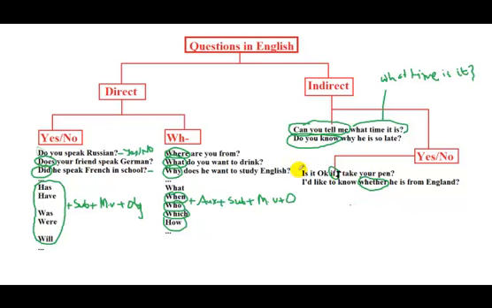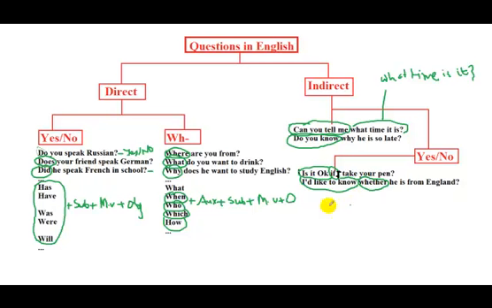So it means that you want to know whether it's all right or not, with an informal yes/no question. Also we can use whether: I would like to know whether he's from England. So when we want to be polite and ask questions that you're not sure about, then we say, is it okay? I would like to know. Do you mind?